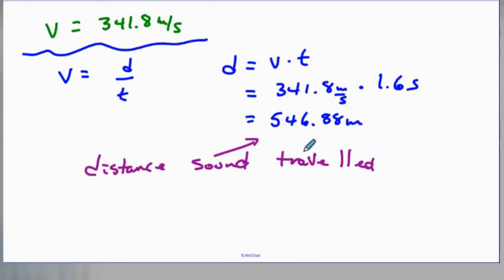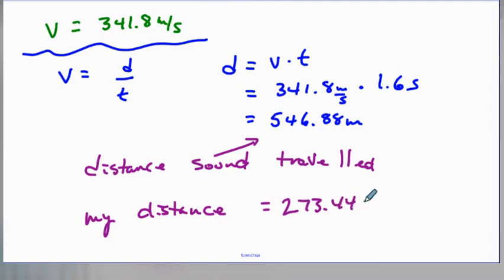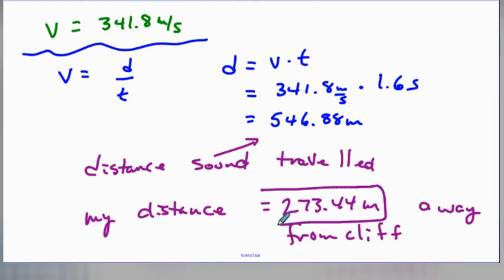But that's not how far I am from the wall. My distance is half of that. So if I divide that by 2, I'm 273.44 meters away from the wall. Speed of sound, very helpful and not that challenging.